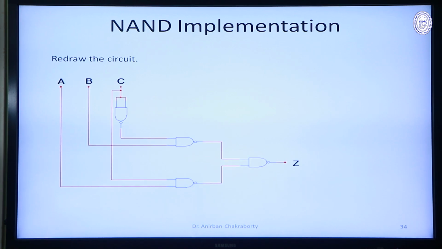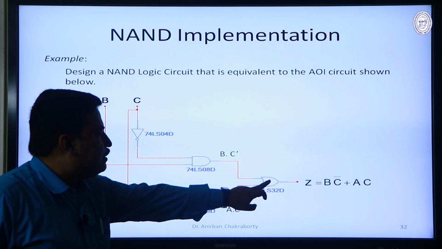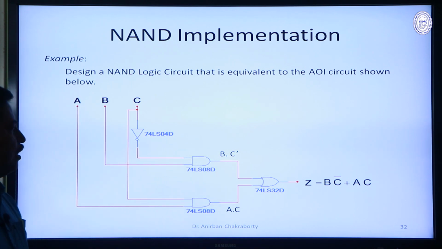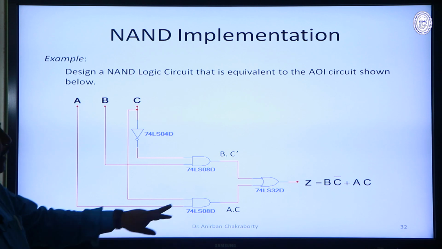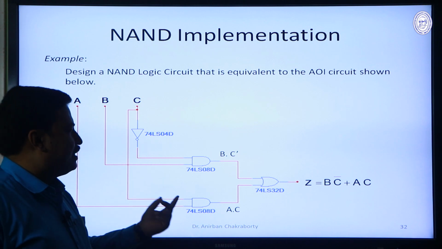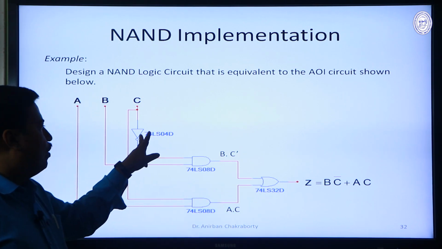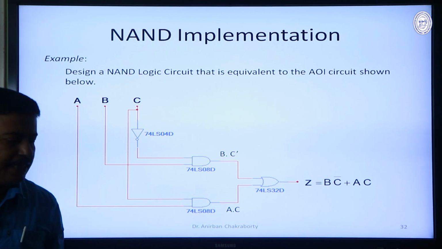Here it is also beneficial in terms of gates. I have to purchase one chip for AND, one chip for OR, one chip for NOT. Wastage is there. In this chip 2 are used, so 2 wasted. Here only a single one is used, so 3 wasted, and here only 1, so 5 wasted.